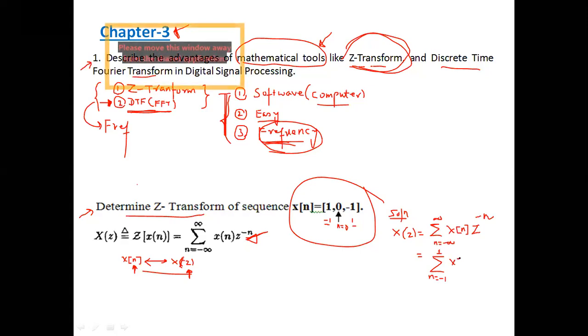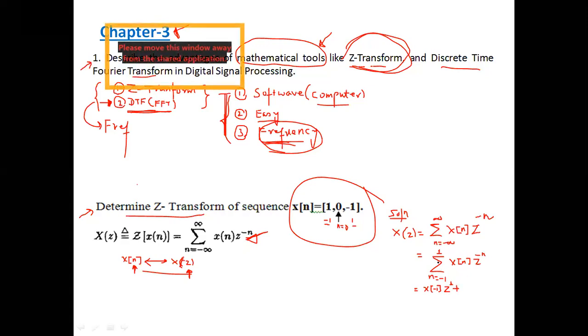Now, x of n, z to the power of minus n. Then substitute the n values. What do you get? When n is -1, x of -1, z to the power of minus, it will be +1, right? Because the formula has a minus, and here is also -1, minus of minus will be positive.